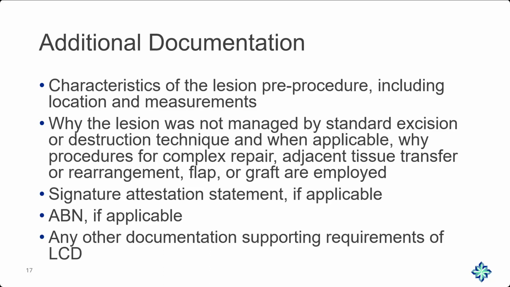Why procedures for a complex repair or adjacent tissue repair or transfer, or rearrangement or flap or graft were employed. We would have to see those indications listed, why we needed to do that. Signature attestation statement, if applicable. We always need to have signatures and credentials.